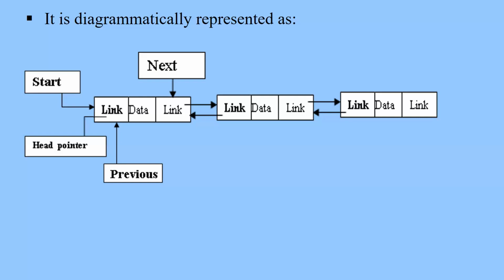So in this structure, we have two members in each node, and these two members are pointers, one pointing to the previous node and another pointing to the next node. That continues all the way to the last node, which we call the tail node, and it contains what we call the tail pointer.